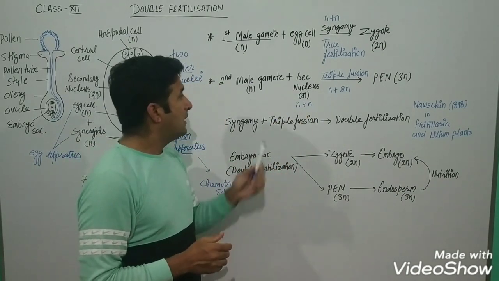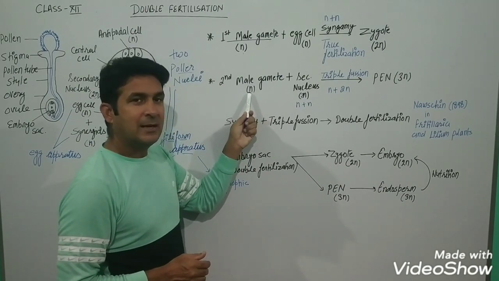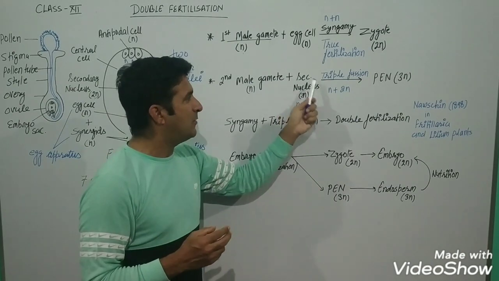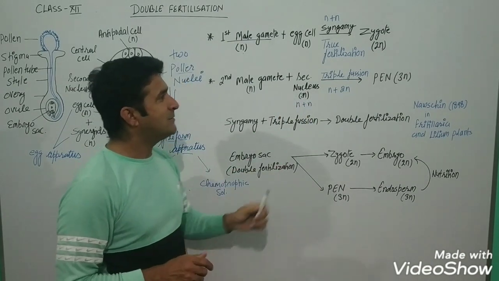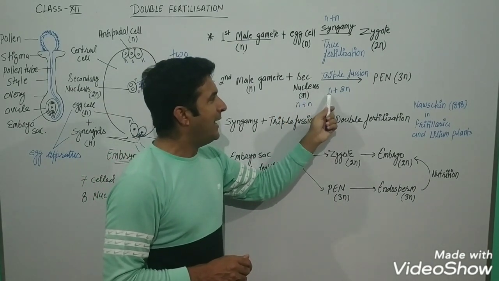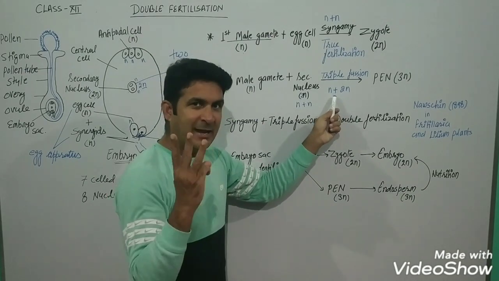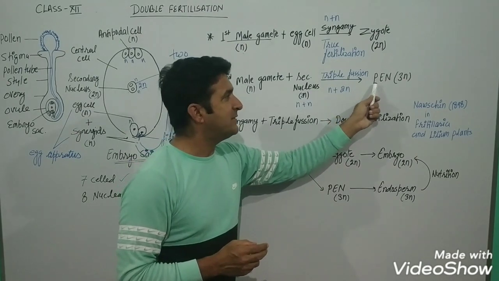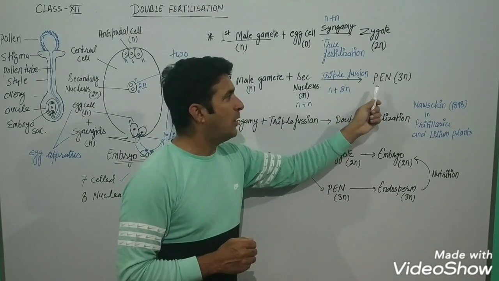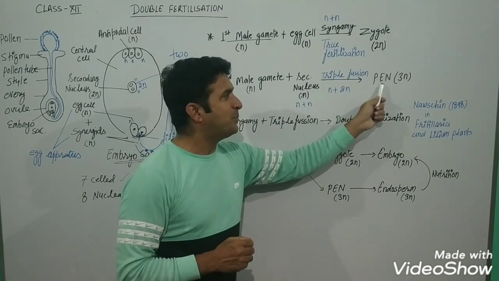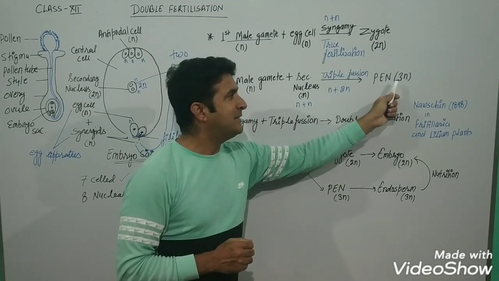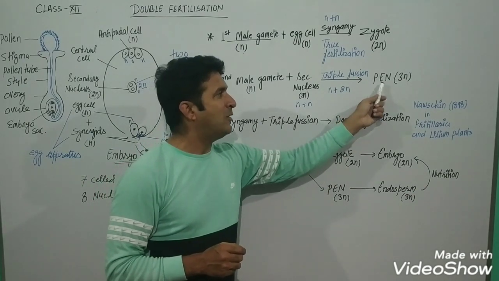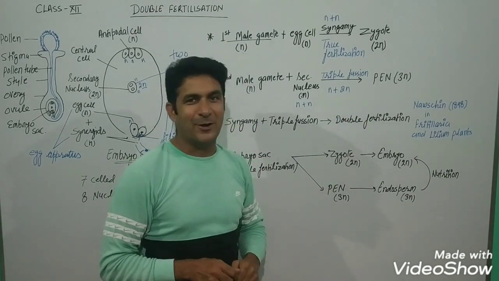This male gamete, which is haploid, will meet with the two polar nuclei of the secondary nucleus, and n plus 2n, 3n are there. That's why this is called triple fusion, and this synthesizes the PEN. It is called the primary endospermic nucleus and it is triploid.